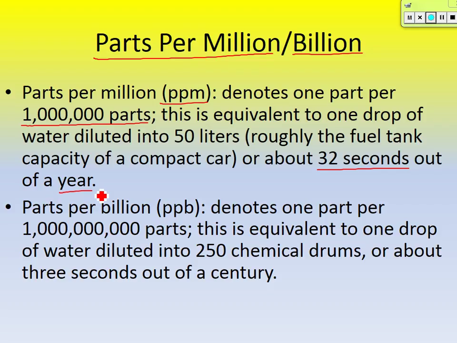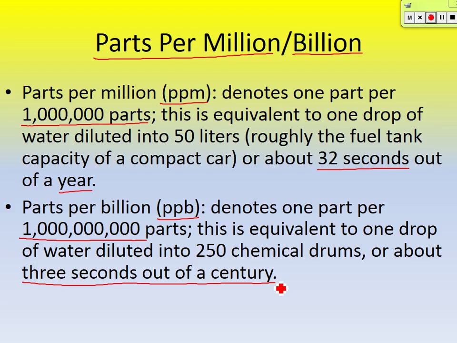Parts per billion. Its abbreviation is ppb. It denotes 1 part solute for a billion parts solvent. Equivalent to about 3 seconds out of 100 years. So it's a very, very dilute way to measure solutions.